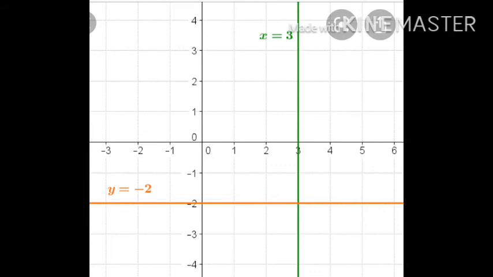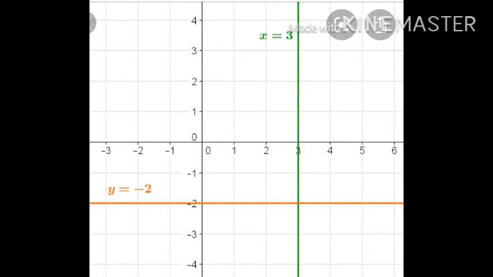The coordinates of a point on the x-axis are (x, 0), and that of a point on the y-axis are (0, y).